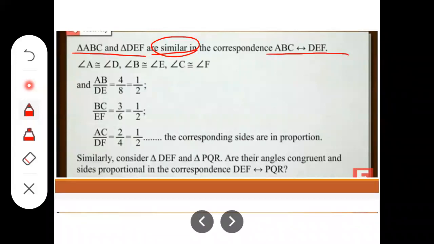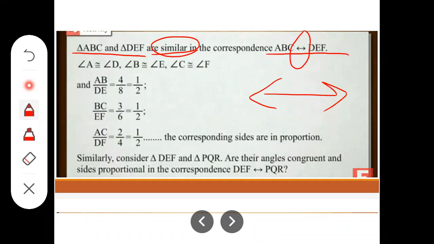For similar triangles, we can write triangle ABC corresponding to triangle DEF. This is the symbol of correspondence. Similar triangles are corresponding triangles.